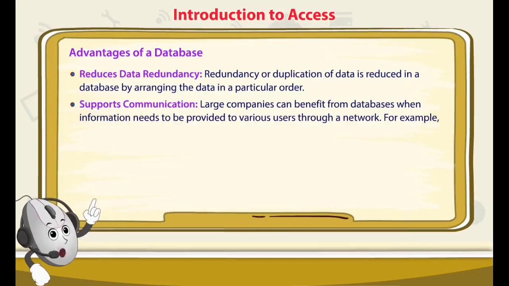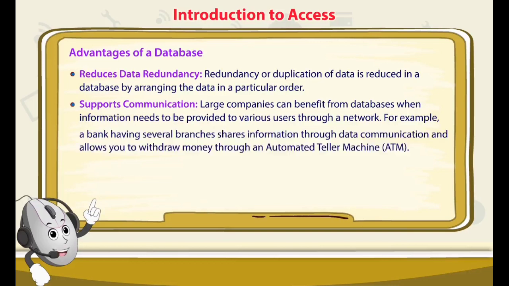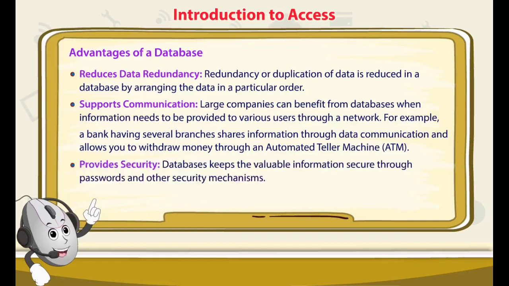Supports communication. Large companies can benefit from databases when information needs to be provided to various users through a network. For example, a bank having several branches shares information through data communication and allows you to withdraw money through an automated teller machine, ATM.